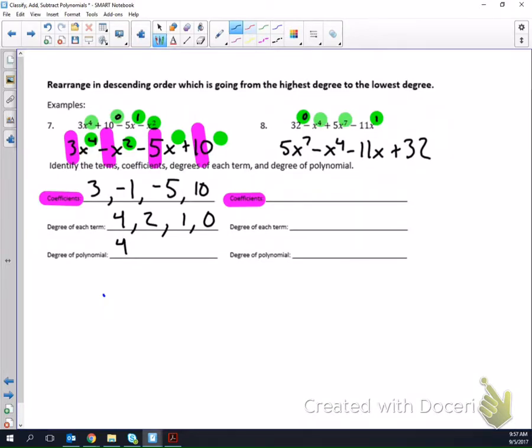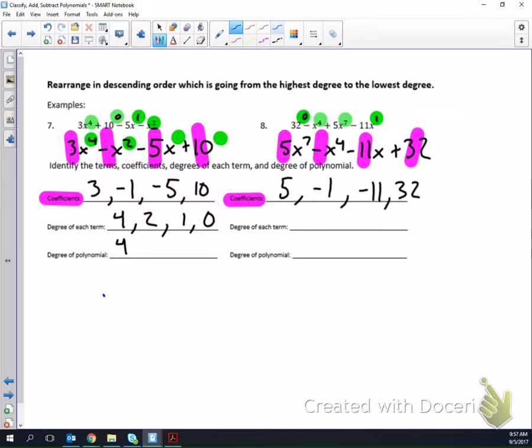Okay, and we repeat. So once again, I'm just finding the coefficients, the numbers in front of the variable. So 5, -1, since it was a negative x to the power of 4, we assume that there is a 1 in front, -11, and 32.